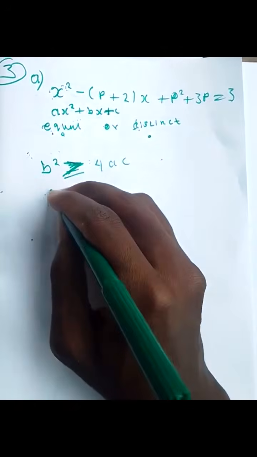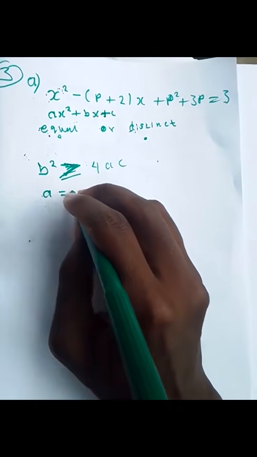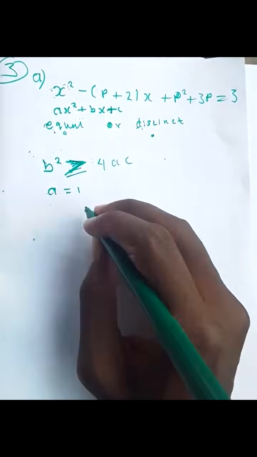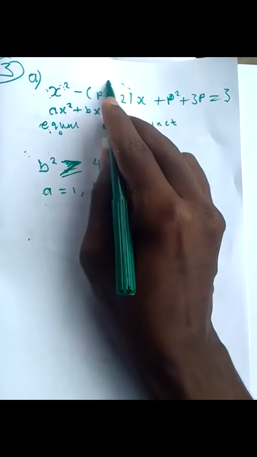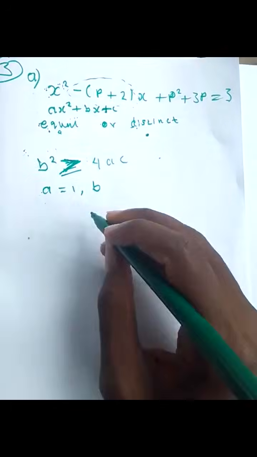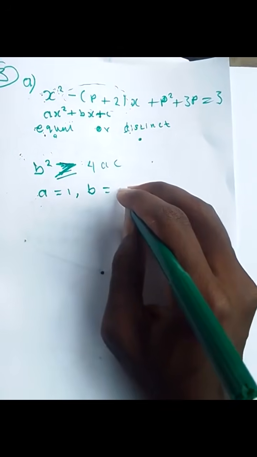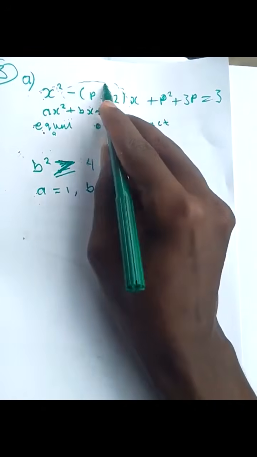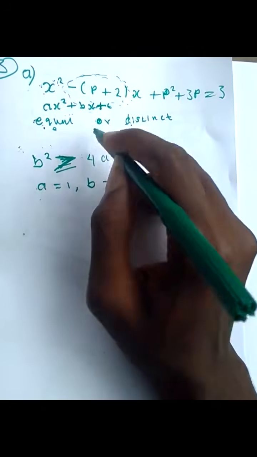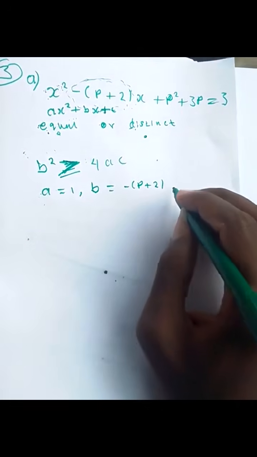So a is just going to be 1. And b is whatever is coming in front of x, this. So b is going to be equal to negative p plus 2 because this is the only thing coming in front of x. Now, what is c?